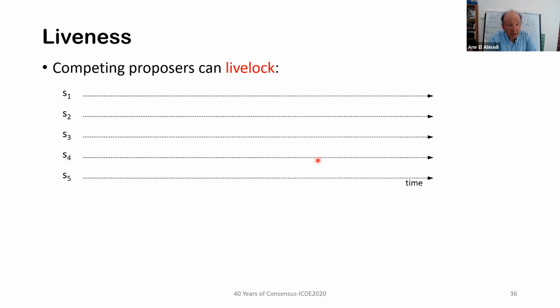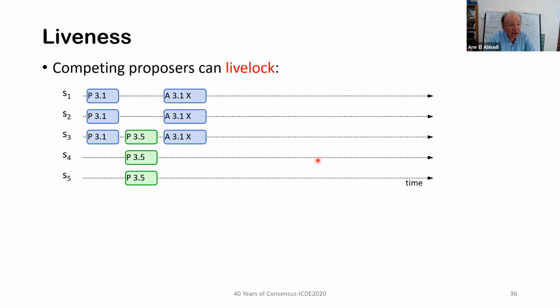Paxos guarantees safety. I'm not going to give you the proof of it, but it can suffer from liveness problems because a proposer could propose, like in this example, 3.1. Another competing proposer might propose 3.5. And so when the accept phase of the 3.1 comes back, it's going to be rejected because processor 3 had already seen something higher.